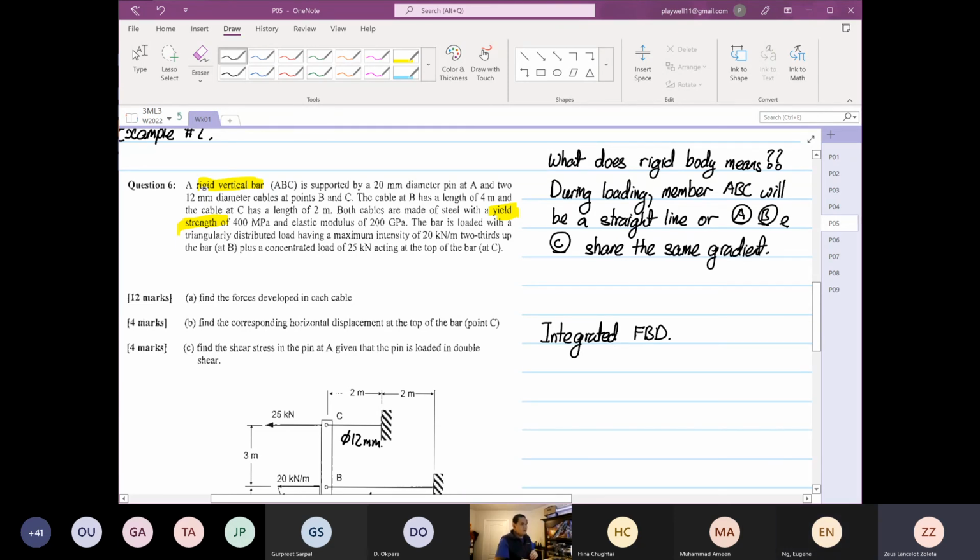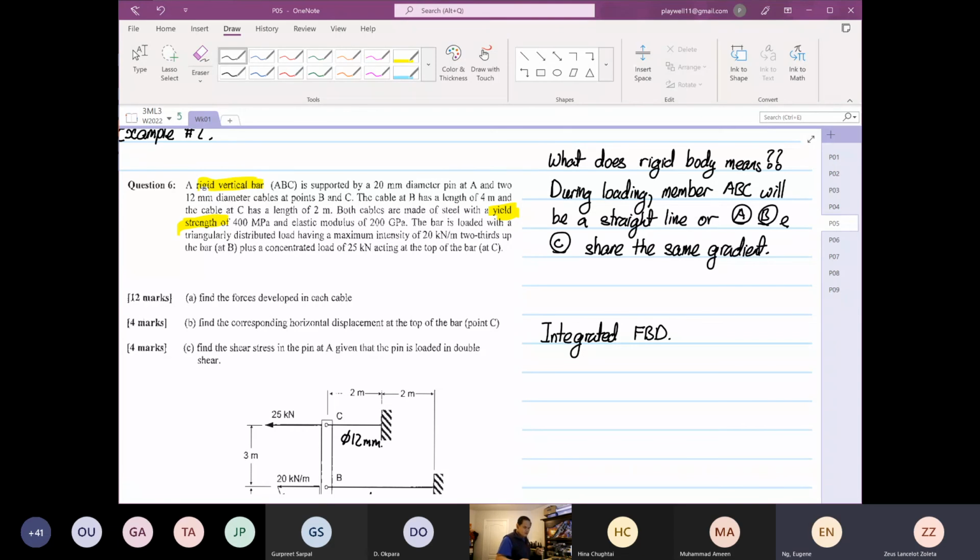Until probably week 9, where we are more advanced, we're not going to assume a rigid body. Making a rigid body assumption is just to simplify our analysis.